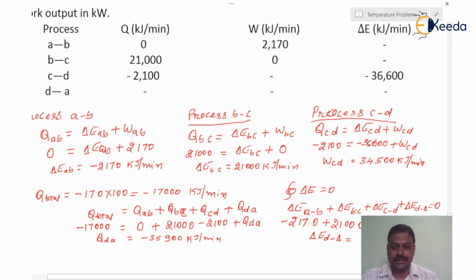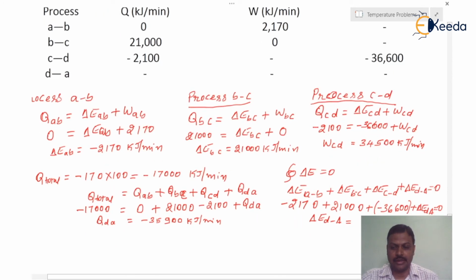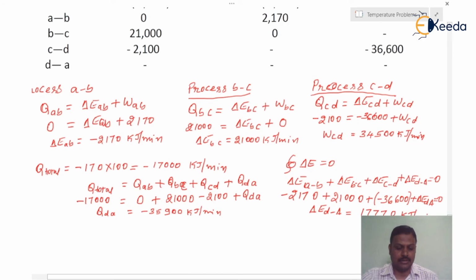So after calculating delta E DA and Q DA, we can calculate WDA. To find out WDA, let us apply the first law of thermodynamics to process DA. So Q DA equal to delta E DA plus W DA.